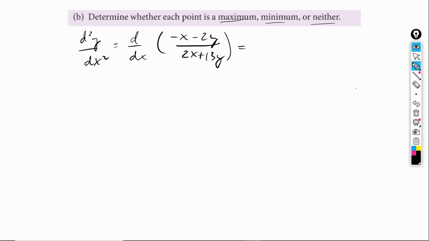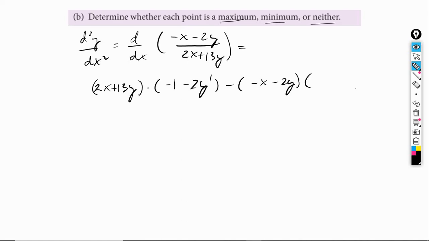Okay, so the derivative of this will be the second derivative of the original function. And let's remember that here we have to do the low d high minus high d low over low squared thing. So this would be low, 2x plus 13y. We always start with the denominator times the numerator, or the derivative of the numerator. So this would be minus 1 minus 2y prime minus x minus 2y, high d low now, right?